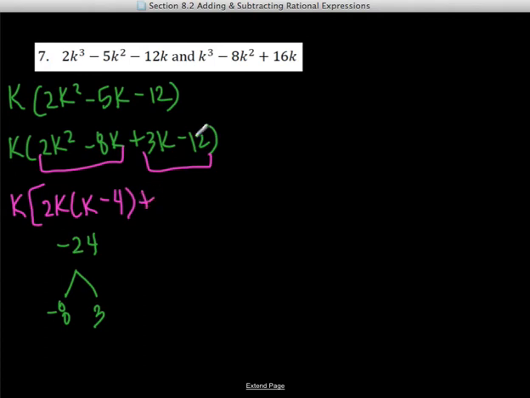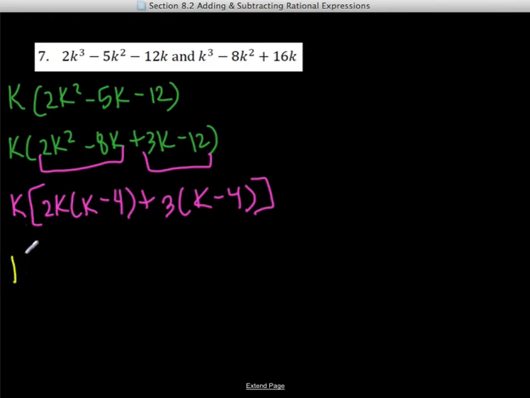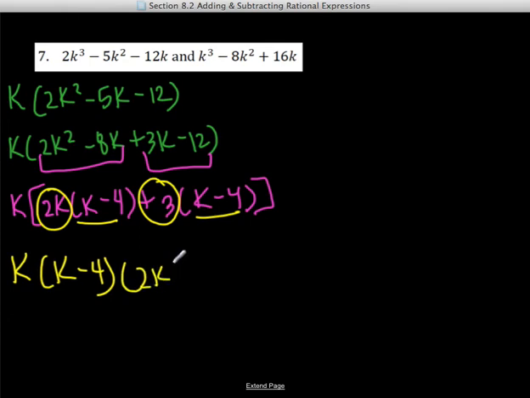Plus, out of here, I can factor out a 3. And then remember with grouping, I'm going to have this k out in front. If it is exactly what's in the same parentheses, it's k minus 4. And then what's on the outside is our other set of parentheses, so it's 2k plus 3. Okay, so there's my first polynomial factored.